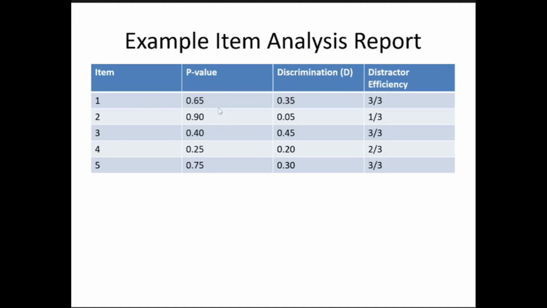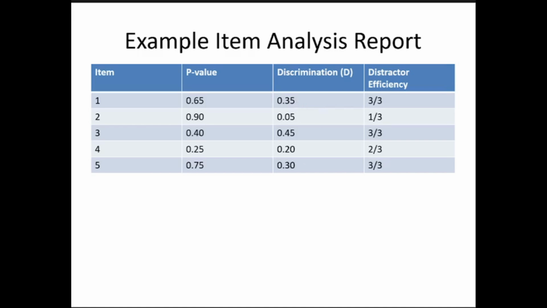The p-value here is 0.65, and this is in the ideal range, whereas 0.9 shows that it is quite easy, and more than 90% of the students have attempted this. And the discrimination is around 0.35, which shows that it is able to differentiate accordingly.